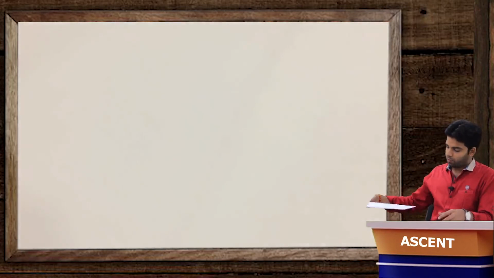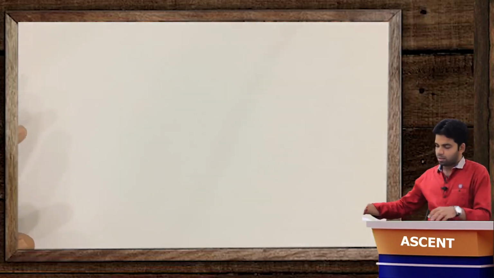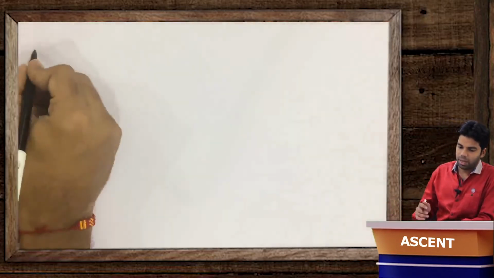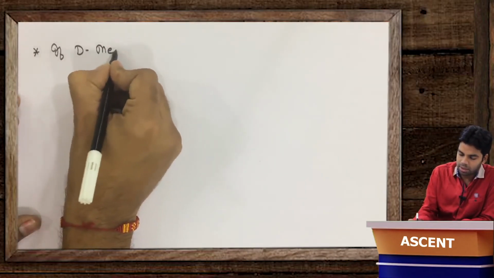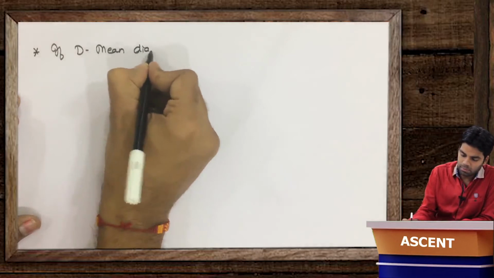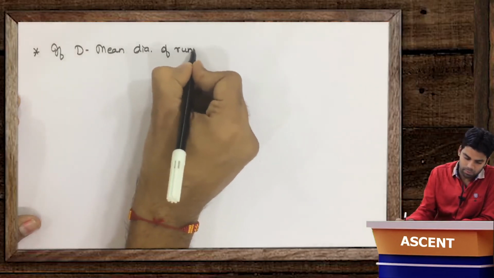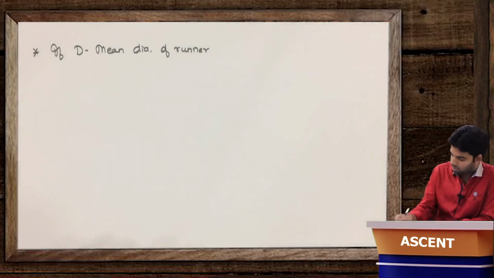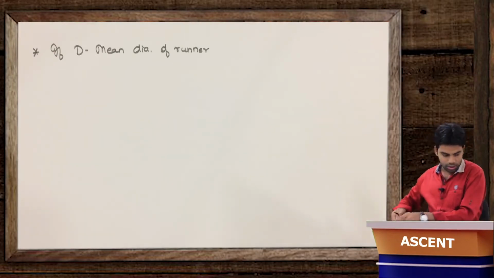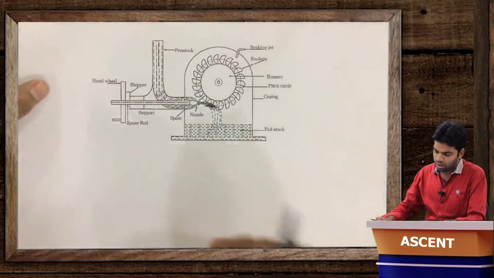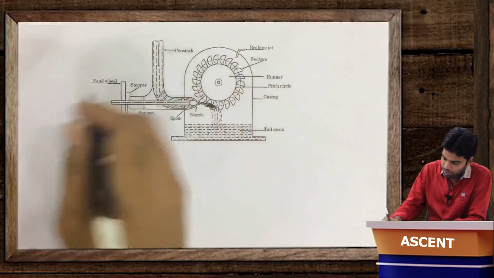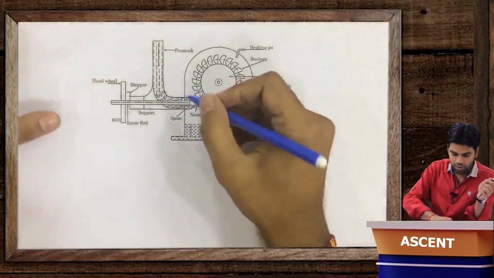Okay, now a few more things to understand in this Pelton wheel turbine. Now if the mean diameter of the runner is D, what is the meaning of this mean diameter? You can see here the pitch circle. So what will be the mean diameter here?